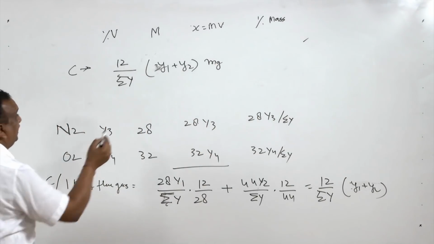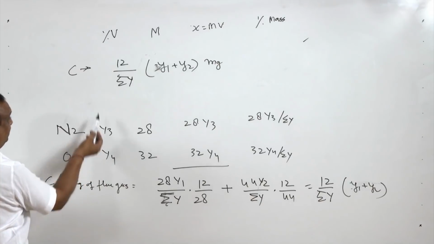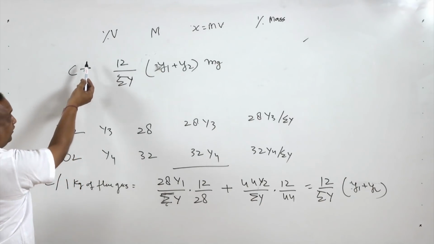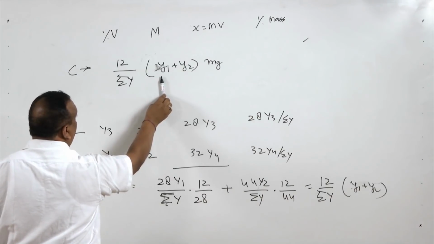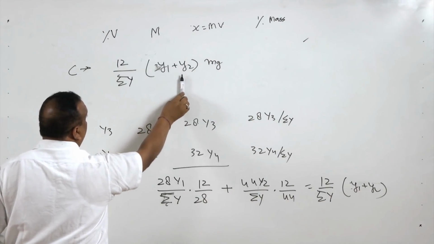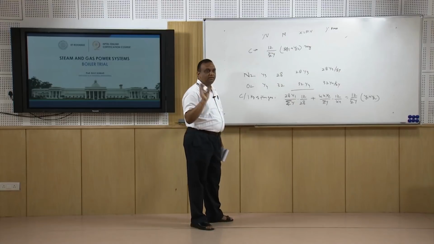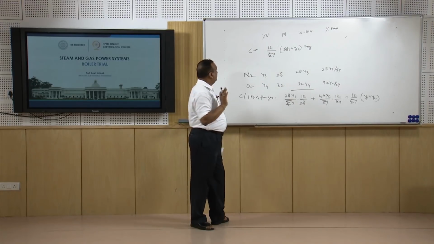Now this Y1 and Y2 we have taken from volume. Remember, we should not forget, it is from the volume only. Percentage volume of carbon monoxide and percentage volume of carbon dioxide in flue gases, right?